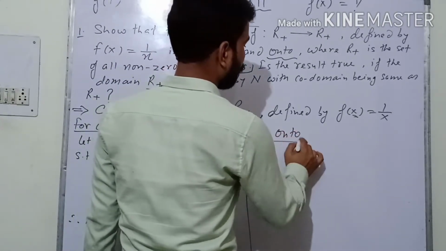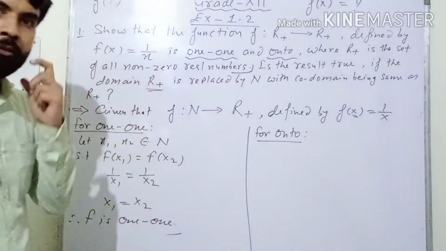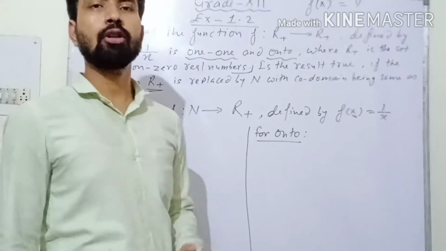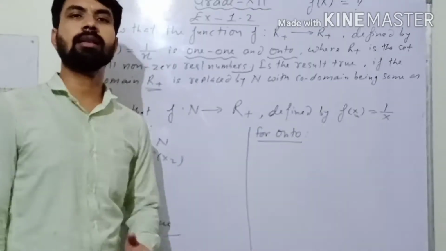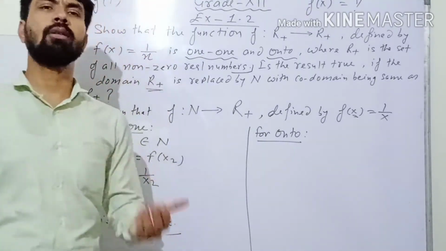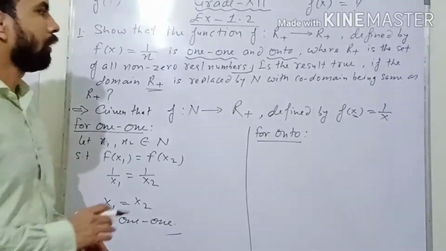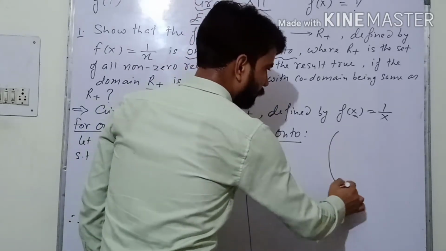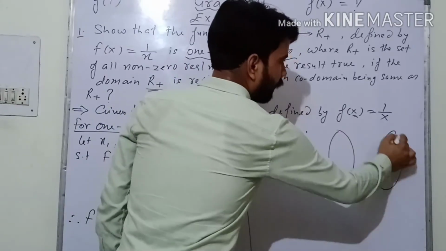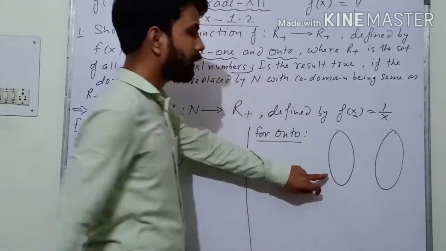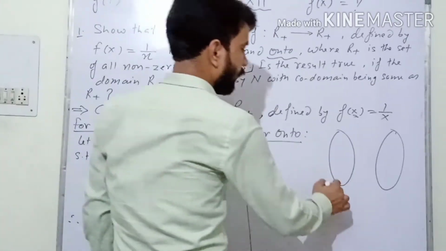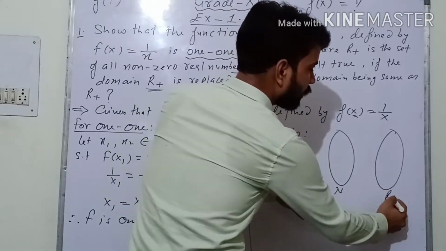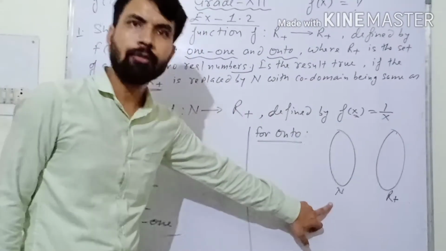For onto, we know that if every element of its codomain has its pre-image in its domain, then only the function will be an onto function. So see students, this is the domain and this is the codomain, and the domain is N and the codomain is R positive. Now the domain is changed, now the domain is the set of natural numbers.